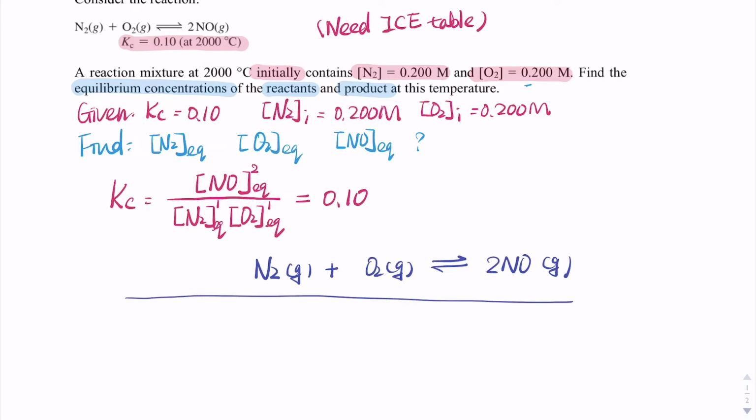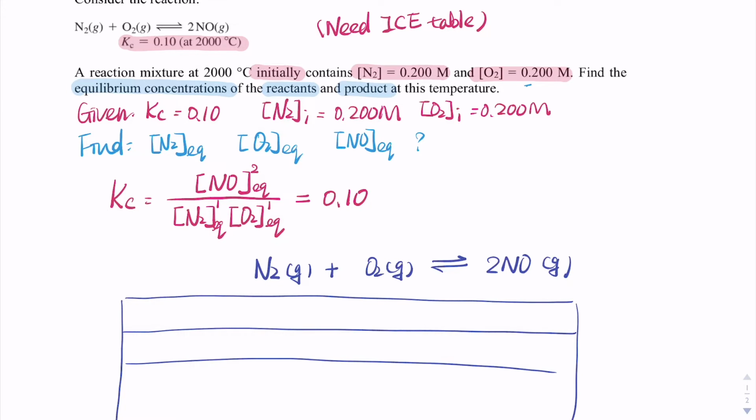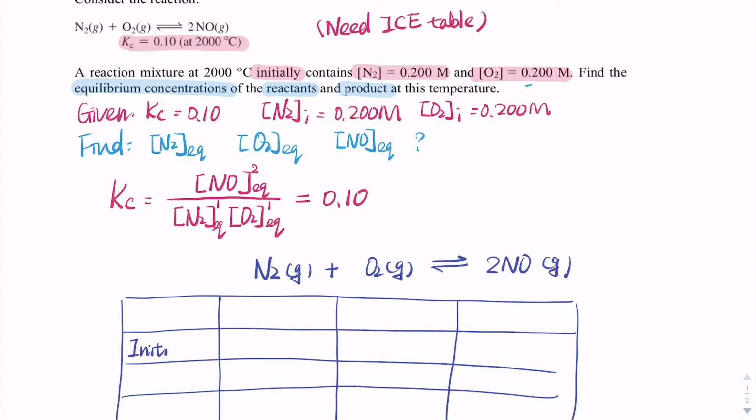Now let's set up a table, then we'll talk about the table for a second. Again, an ICE table represents what? I represents initial, C is change, E is equilibrium. The whole table is based on molarity, because we're talking about concentration. So that will be N2 concentration, O2, and NO concentration.